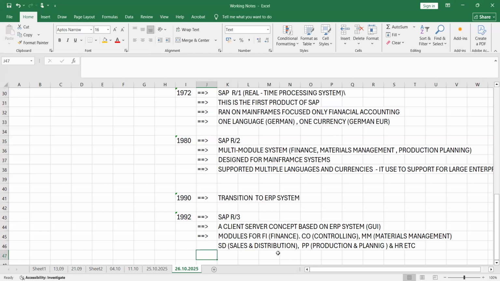And next, they came up with the R3 environment. This is the advantage: it ran on Windows operating system and Unix servers.